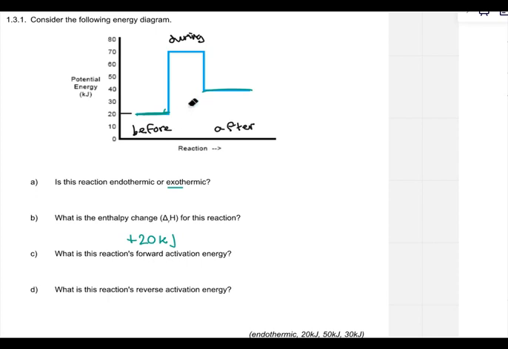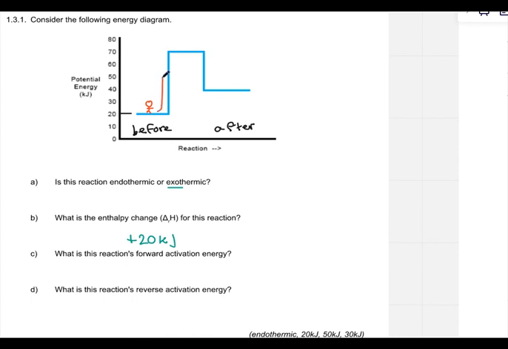Now, activation energy is a different thing. Activation energy is about how difficult it is to get from the beginning to the end. So for this, imagine you're standing here on the left side, and you want to go in the forward direction, meaning you want to go over to the right on this curve.